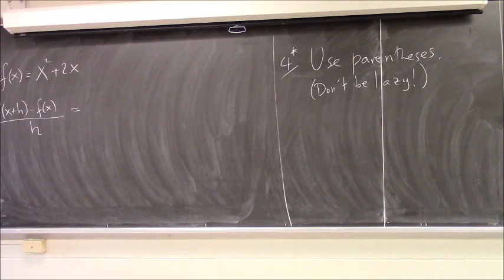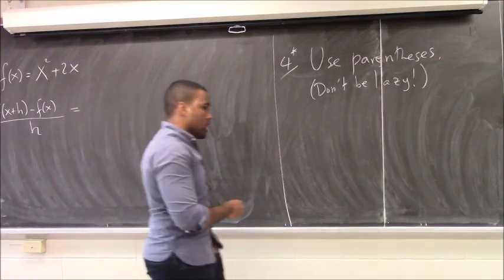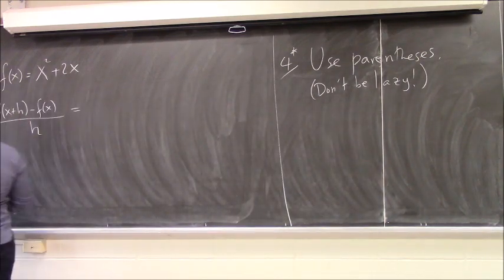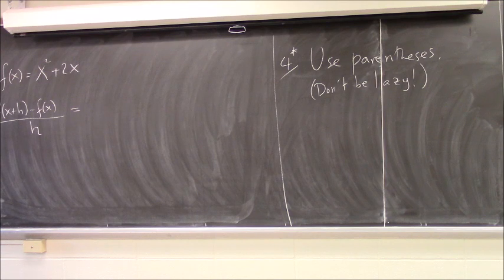What's this expression called? Yeah? It's a derivative. It's not the derivative. You need a limit attached to that to be a derivative. It's called the difference quotient. We'll talk about that a lot throughout the semester. It's a very important kind of expression. We'll see why.